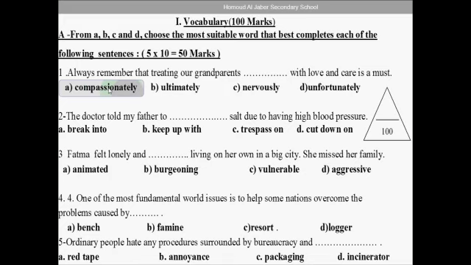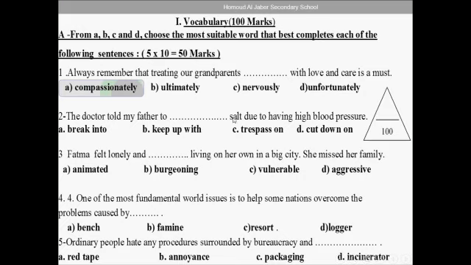The doctor told my father to salt due to having high blood pressure. I want you here to look at the word salt. Salt معناها ملح, and it's very easy for us all to know the meaning of this word. So you have 4 words here. Prick into يقتحم, keep up with يتواكب مع, trespass on يتعدى على, cut down on يقلل.